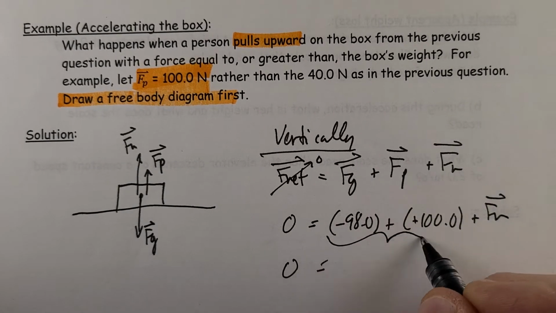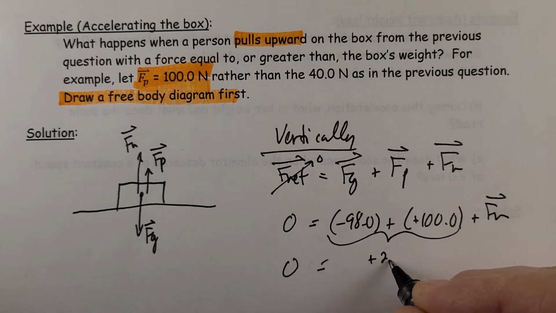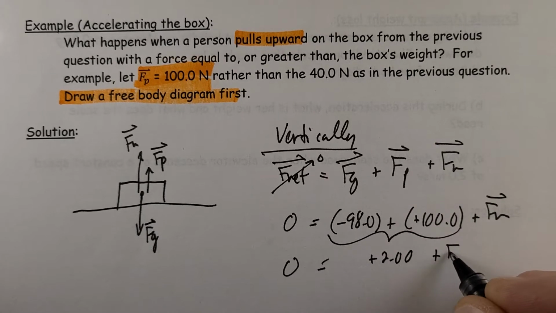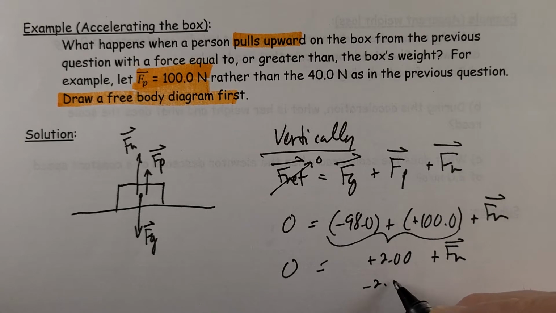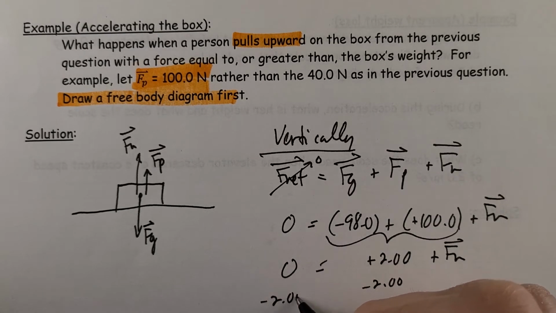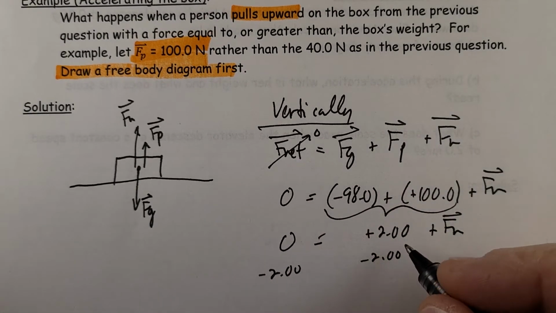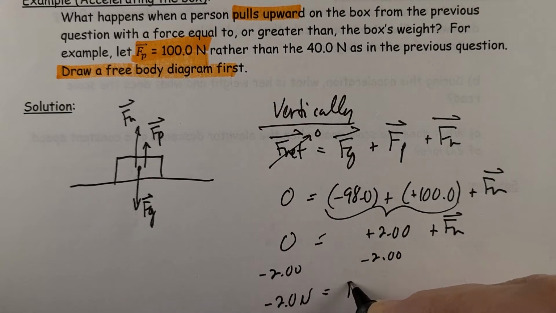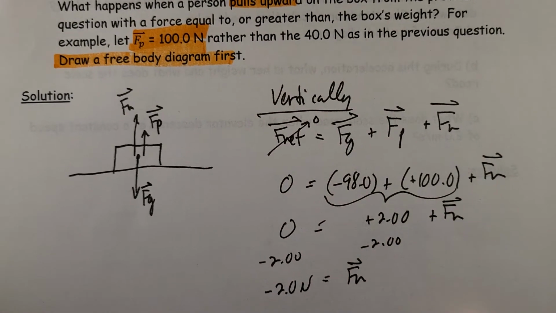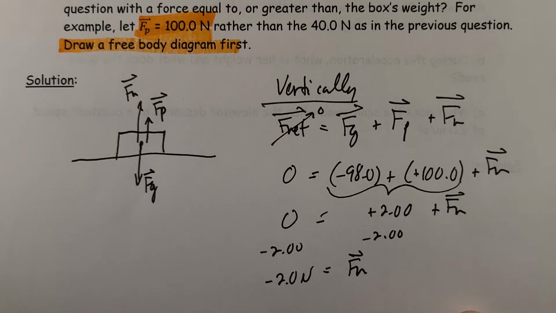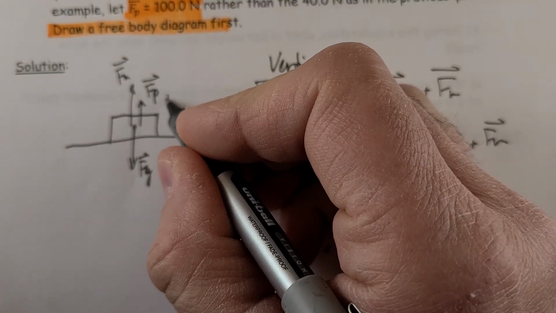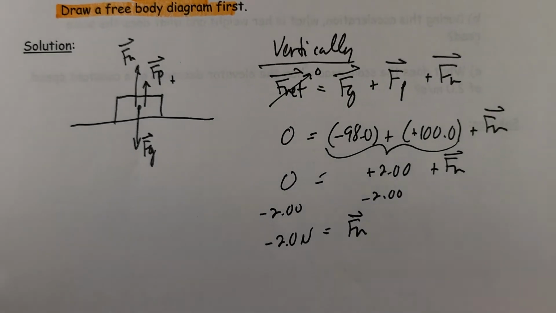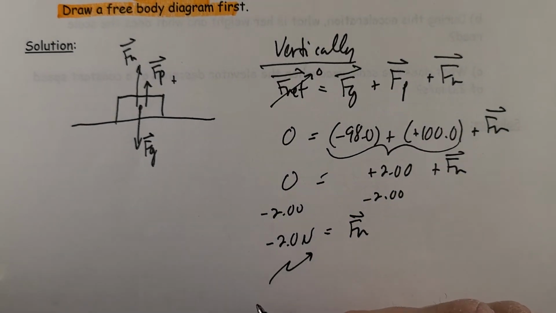So what we have happening here is a result of plus 2, and then minus 2. You run into a weird scenario that Fn is negative. But as we can see, no, it's pushing upwards. It's positive. So we need to make a little note here.